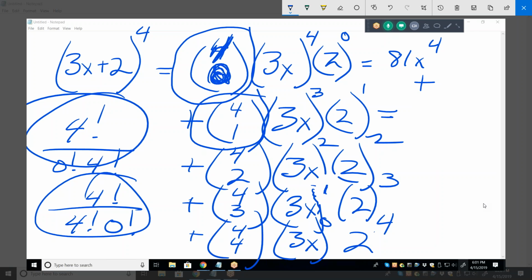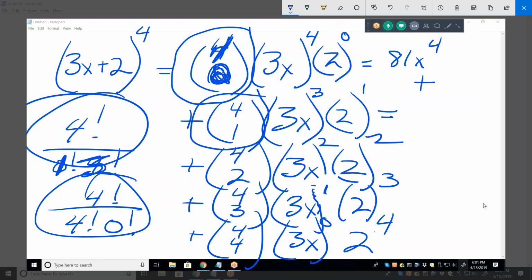What's 4 choose 1? Well, it's 4 factorial over 1 factorial times 3 factorial. What's that? 4.